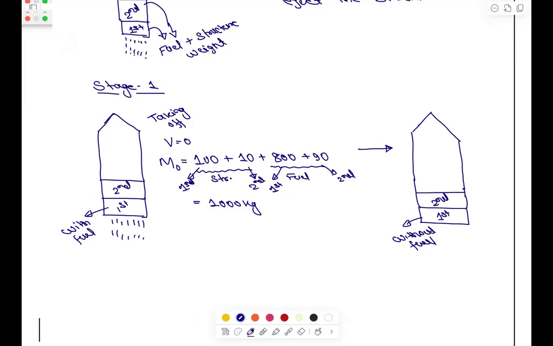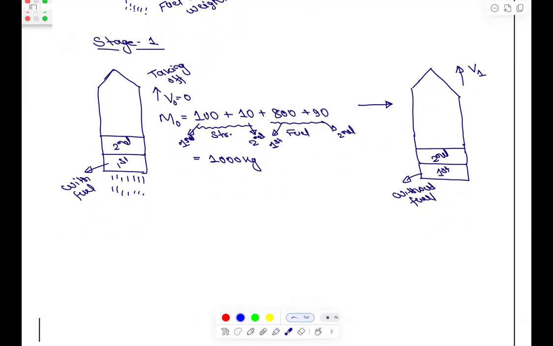Let's take that here the speed was v0, and here the speed will be v1. Although it's taking off, v0 is 0, but let's take it as v0. So it is going with v0. Now it is v1. At this time it has not ejected the first stage yet.